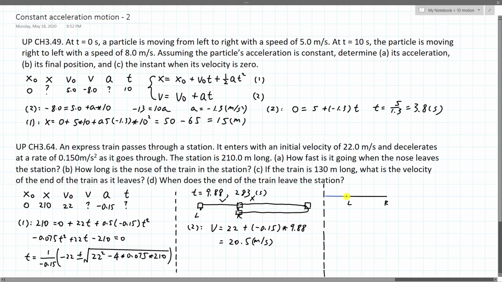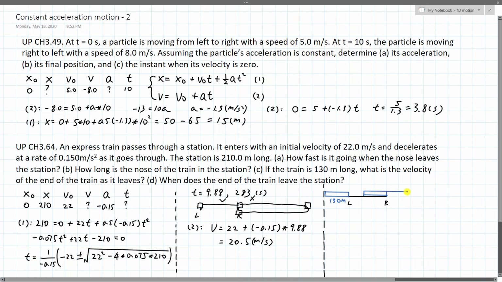We'll do a blue train. Okay, so this is 130 meters long, and when it reaches here, still 130 meters long, right? And then it has to clear the whole station.